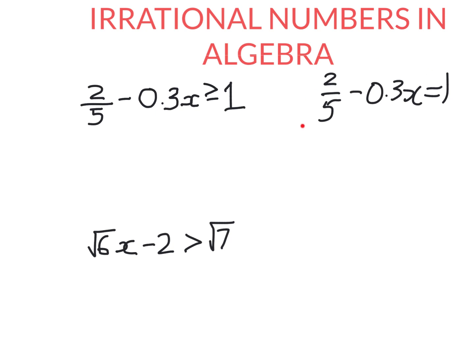So we know how to solve equations like this. You would just subtract 2 over 5, divide by minus 0.3, and so on. The idea that I want to get across is that in this equation, each of these numbers, called coefficients, is rational. Now this is a linear equation because the x doesn't have a power attached to it. So what that means is that this can be solved using the 4 operations: addition, subtraction, multiplication, and division.